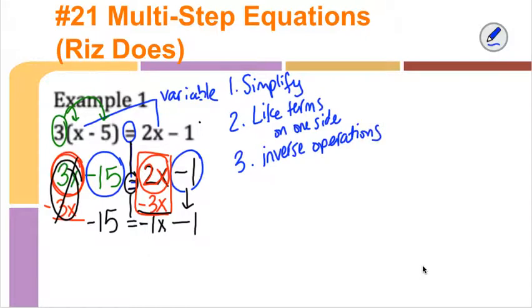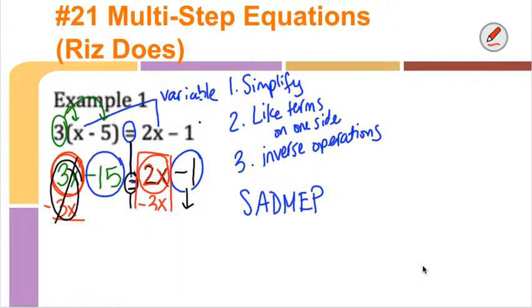So in this situation, I'm going to use SADMAP again. Right? And I'm going to start asking myself, I'm going to start on the side of the variable. Okay? So let me rewrite this. I've got negative 15 equals negative 1x subtract 1.